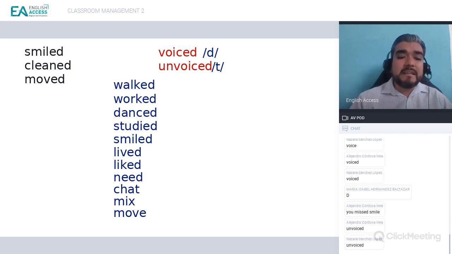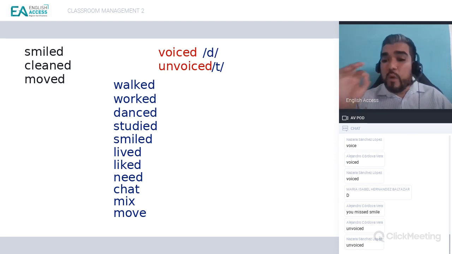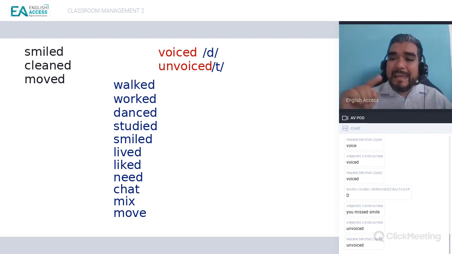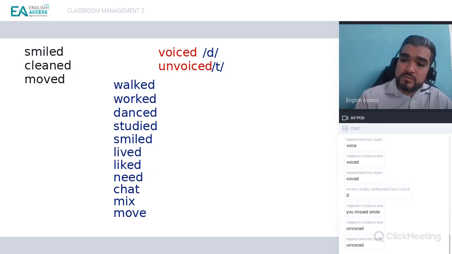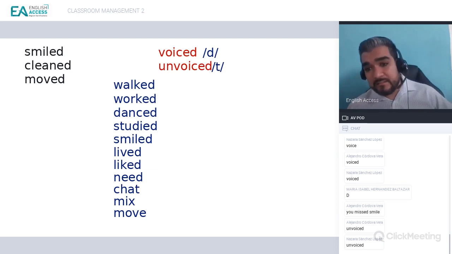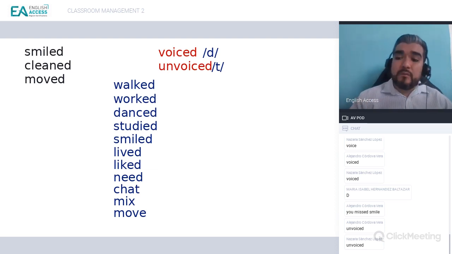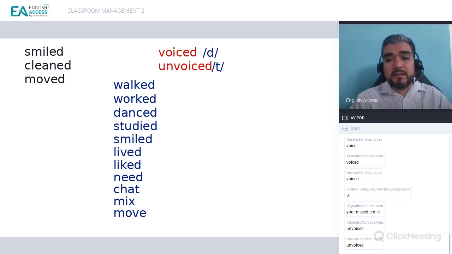Need. In the case of need and in the case of chat, we have something special, right? This is when the verb ends in the sounds /t/ or /d/, the sounds, not the letters. Because remember, here we're talking about sounds, we're not talking about letters.